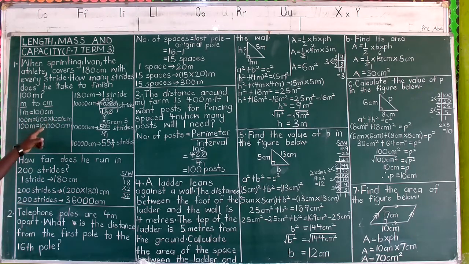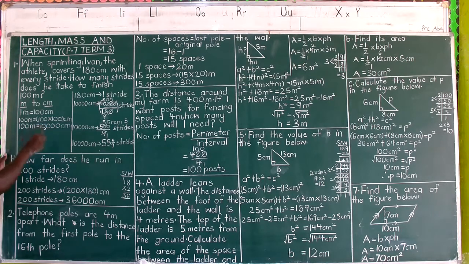Where 1 times 1 is 1, then bring all the zeros. It is very interesting that in multiplication, all the zeros must be catered for. So I've got 1, 2, 3, 4 zeros against 1 and get 10,000 centimeters length. Remember, Ivan covers 180 centimeters per stride. That's every stride.